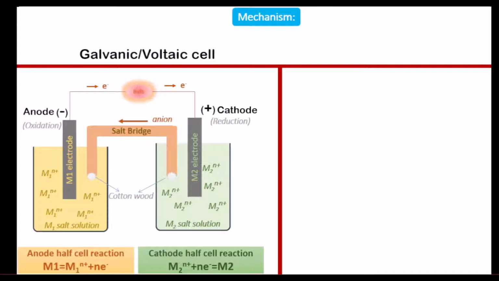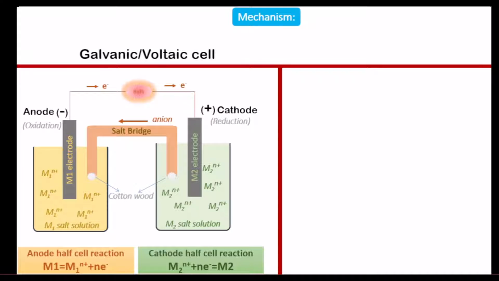As we already said, to maintain the continuation of the process, we need to balance the ions in both cells. In the M1 salt solution, we get more cations, so to maintain the balance we need anions. That's why the salt bridge supplies anions to the M1 salt solution.